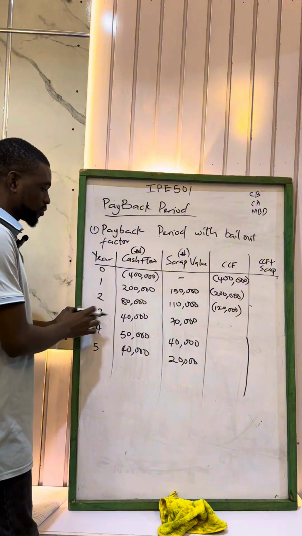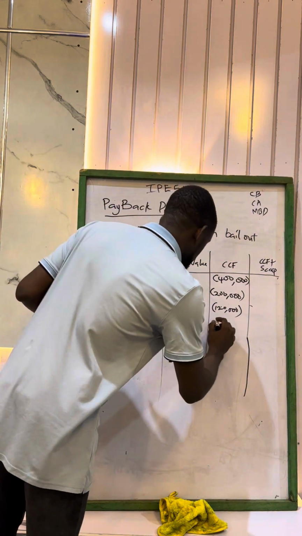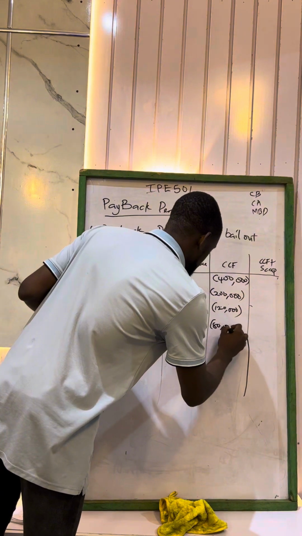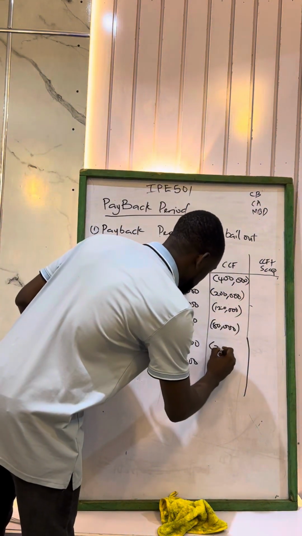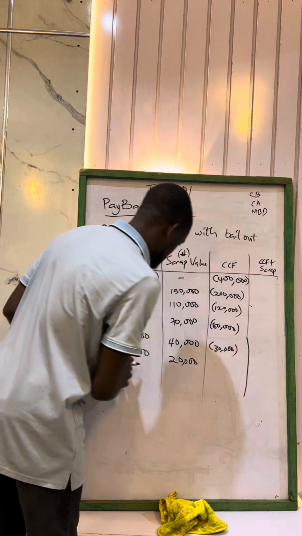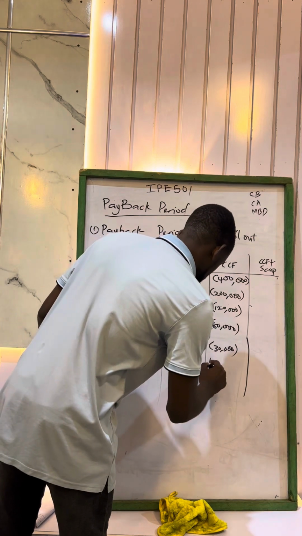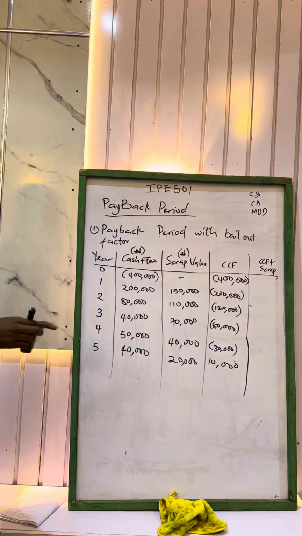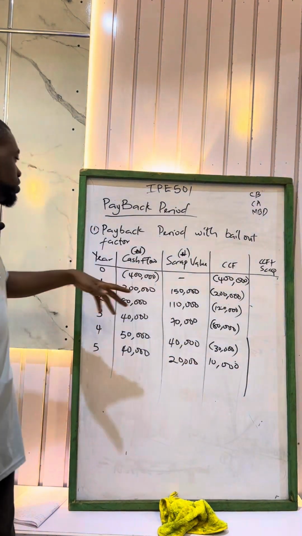After the third year, you made 40,000. You're still going to be in a deficit of 80,000. This you're in a deficit of 30,000, and this for making a profit of 10,000 naira here.